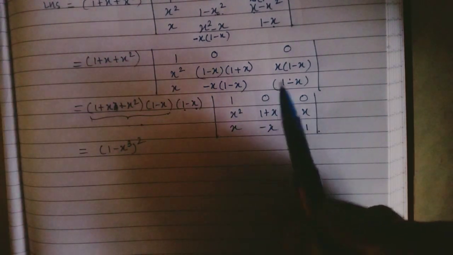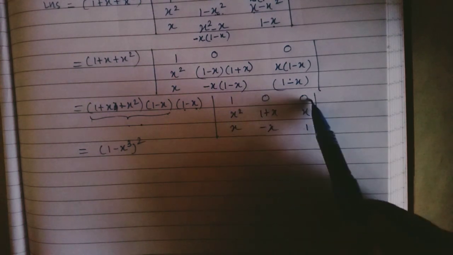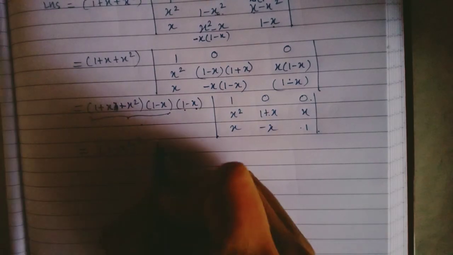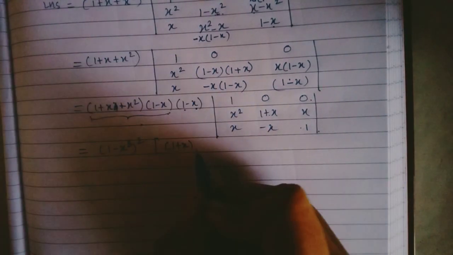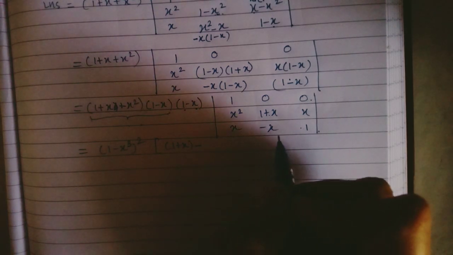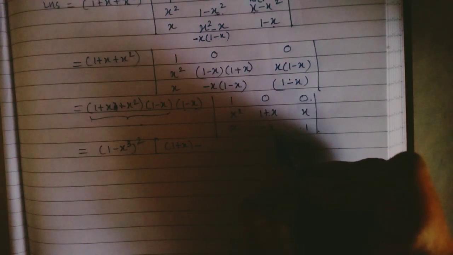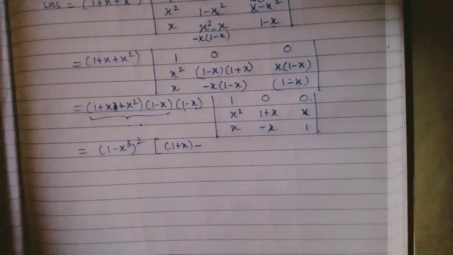And expanding along R1, you'll get 1 plus x into 1 minus, this should be 1, right?